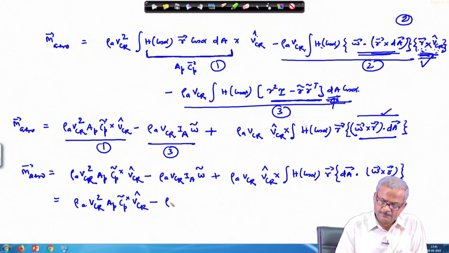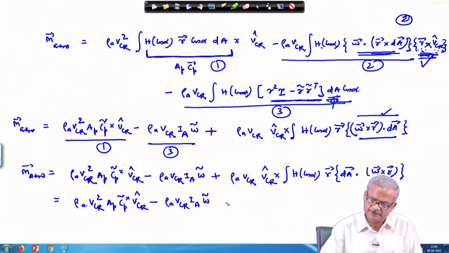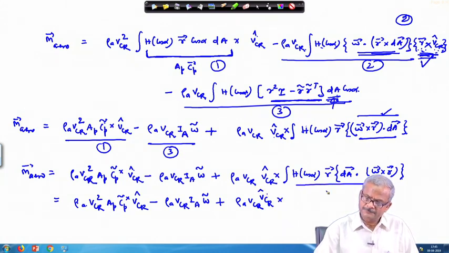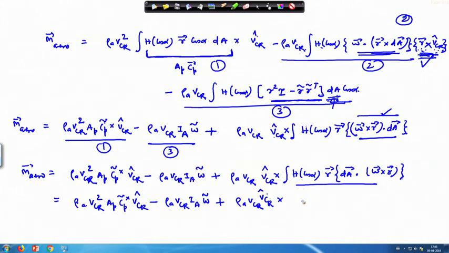V_CR cap, rho_A times V_CR, I_A times omega tilde cross. Now, this quantity we have to treat properly.